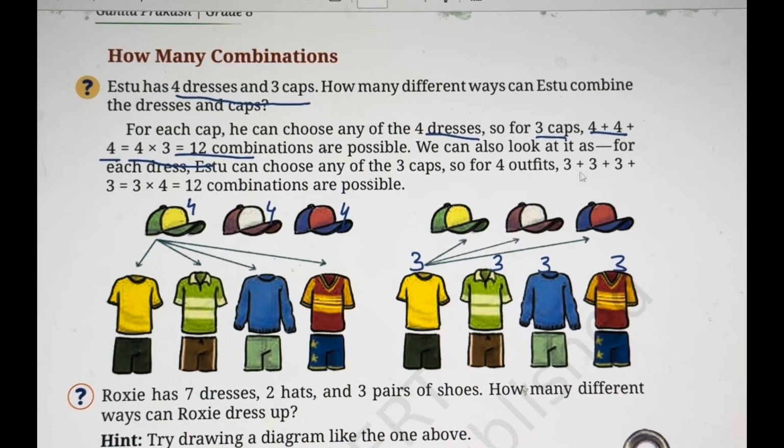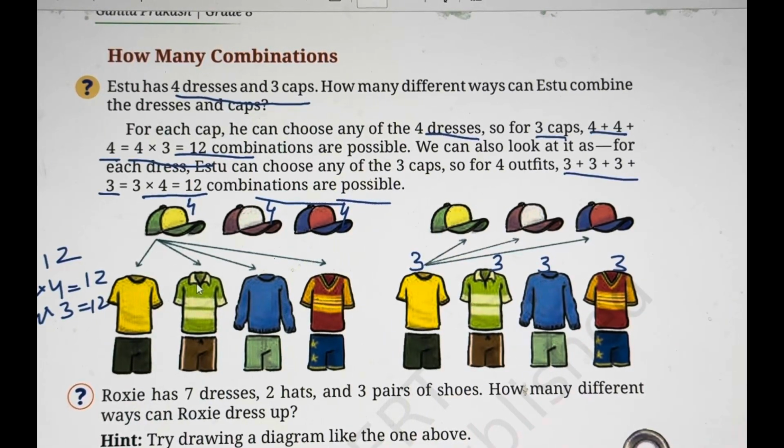So here we can understand it this way: 3 plus 3 plus 3, that is 3 fours are 12 combinations are possible. So whichever way you understand, the answer is 12. Whether you take it 3 fours or 4 threes, both are 12. So 12 combinations are possible.